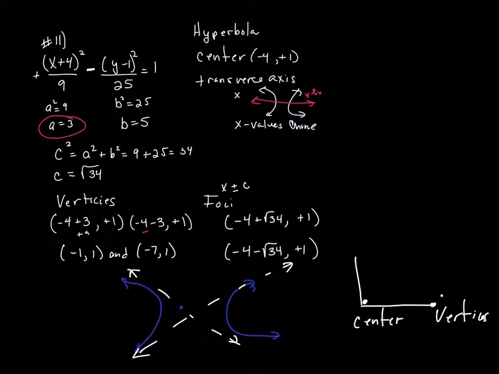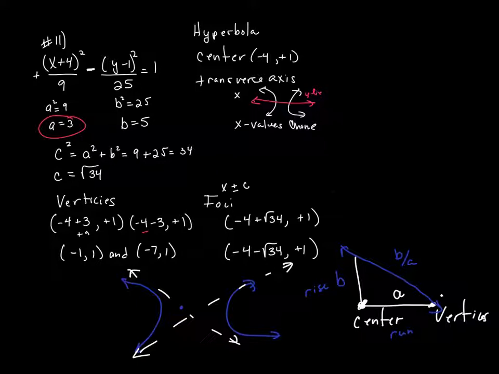Let's take a look at that piece. How far is it from the center to the vertex? The center to the vertex is A. The vertical distance from the center going up, that portion is B. Now, if you look at this, that's going to be our asymptote. Let's look at this as the rise over the run. So the slope of this is going to be B over A on one side, and then negative B over A on the other.